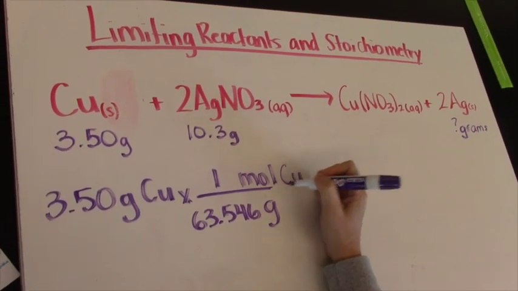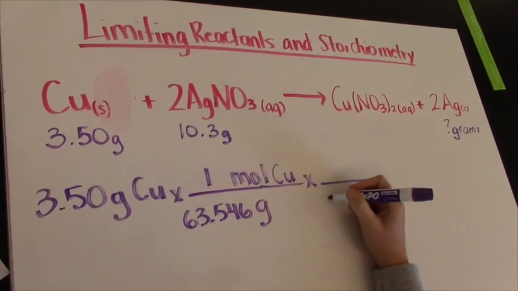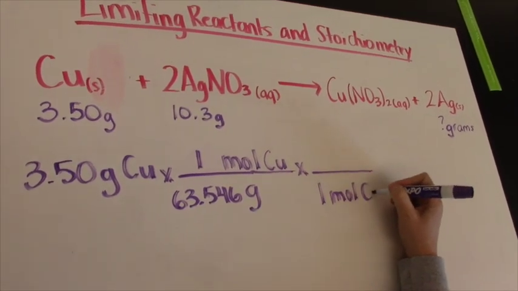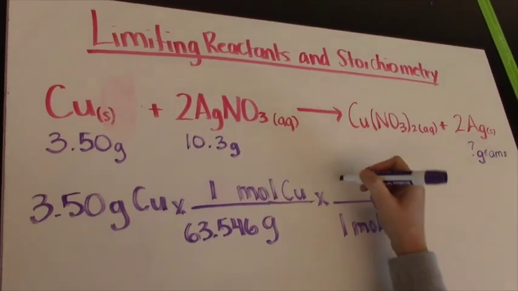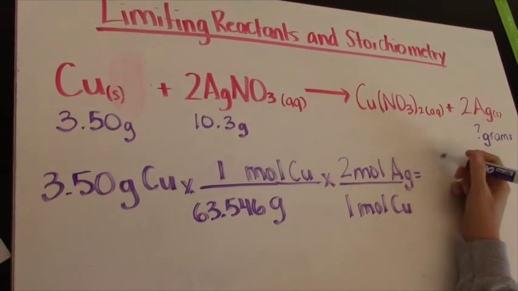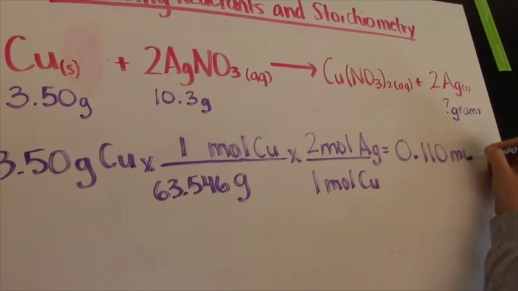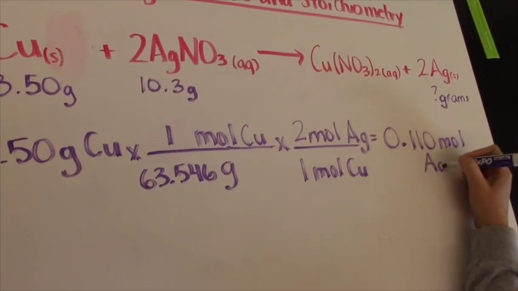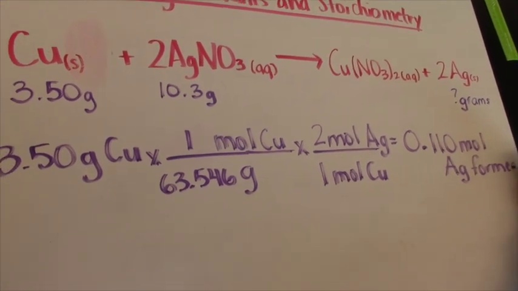And then we're going to go from moles of copper to moles of silver. And our balanced chemical ratio, for every 1 mole of copper, we're actually going to get 2 moles of silver. So there's where the stoichiometry step comes in. And then we're going to find out at this point how many moles of silver are formed. And if you do the calculations, you'll find you get 0.110 moles of silver based upon 3.50 grams of copper.